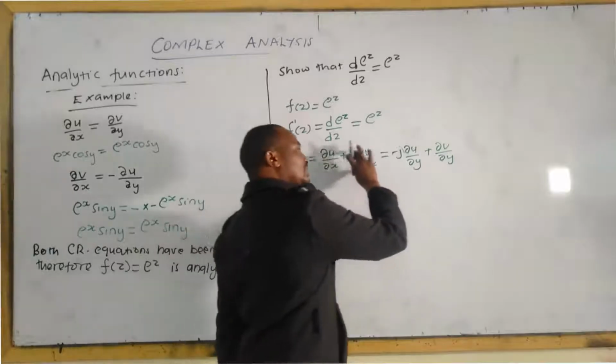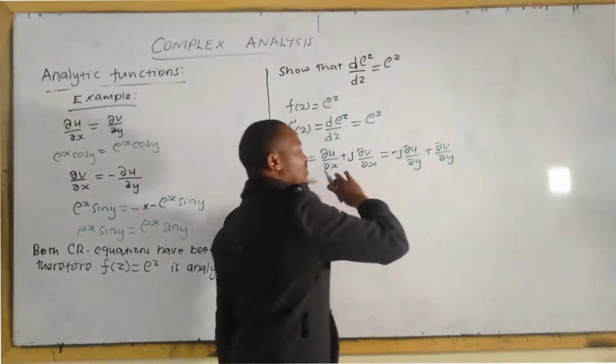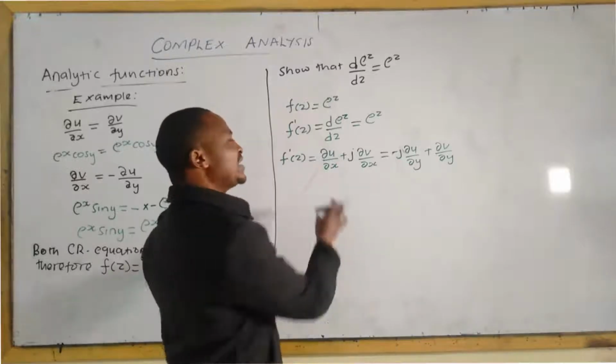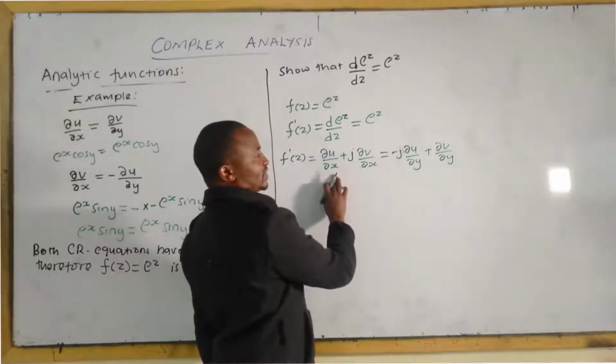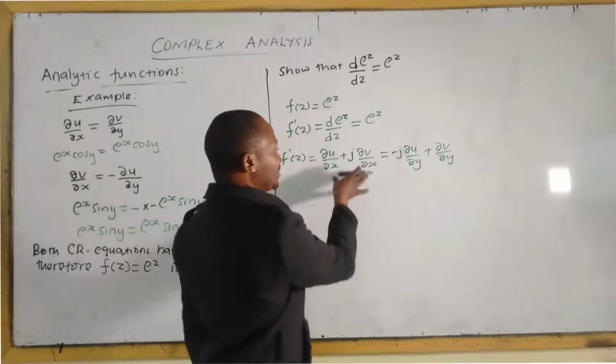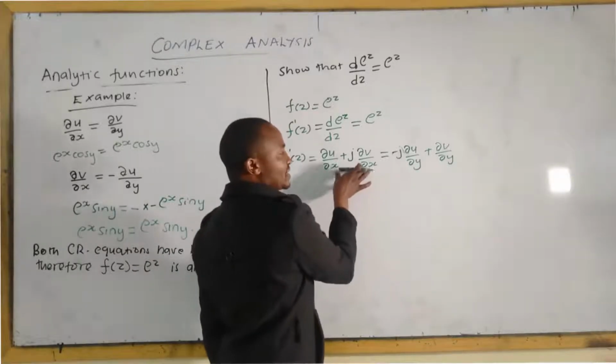This is what gives us our Cauchy-Riemann equation. To prove whether the derivative exists, we can use just one of them. We can use this or this, whichever you want. But for the purpose of this example, let us just use this one.